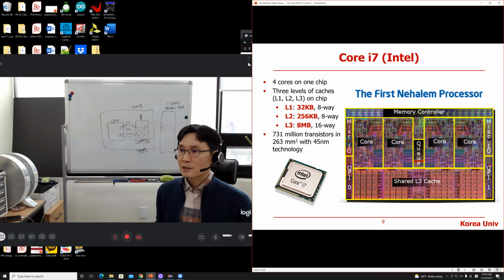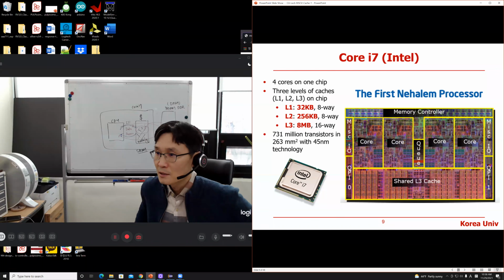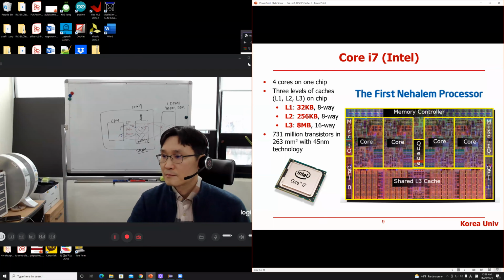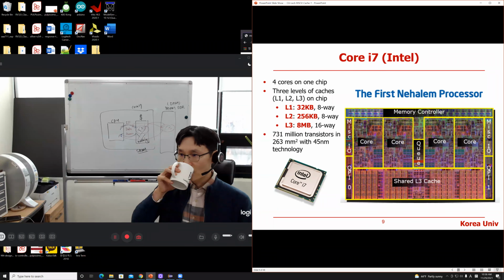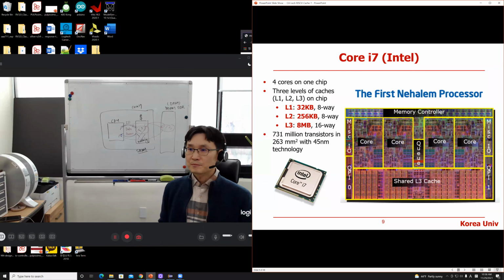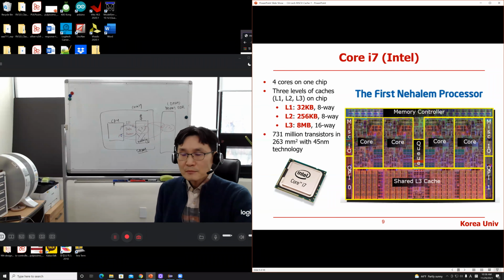Okay, that is the rough configuration. This one, Sam. Core i7 Intel, 4 cores on a chip, 3 levels of caches, L1, L2, L3 on the chip.